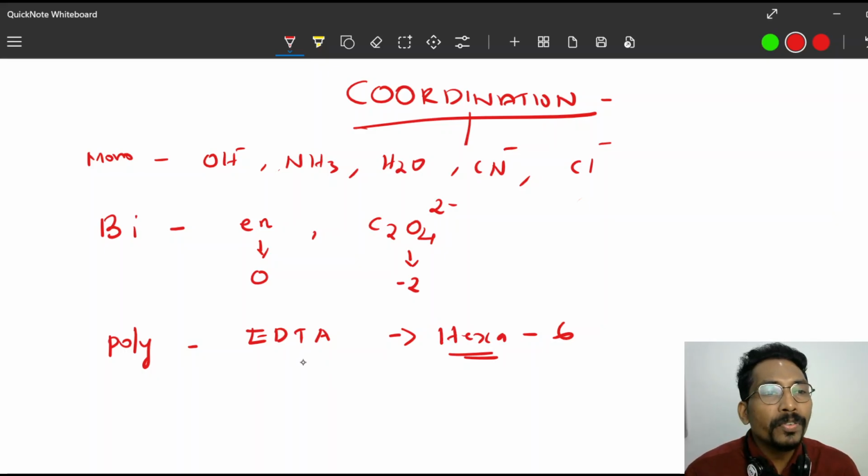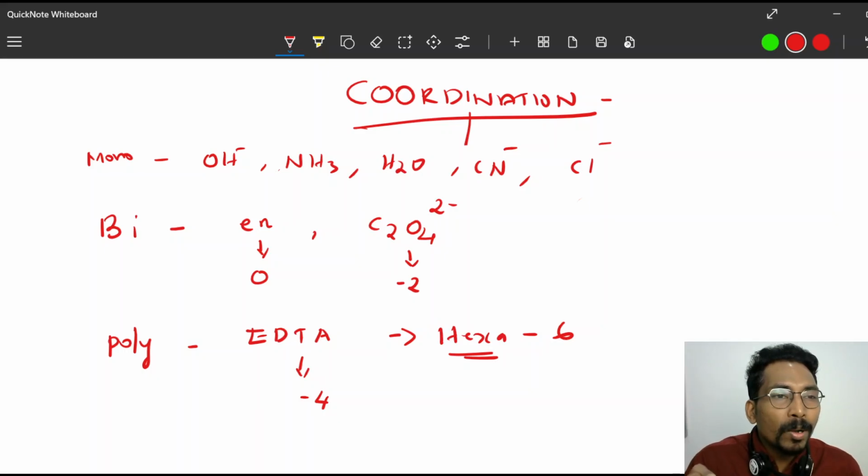And the charge of EDTA is -4. Okay. So you should know exactly which type of ligand it is, and what is the charge of the ligand. Both of these pieces of information should be very perfect, otherwise you cannot do the problems in this chapter. So what about the charges of these?